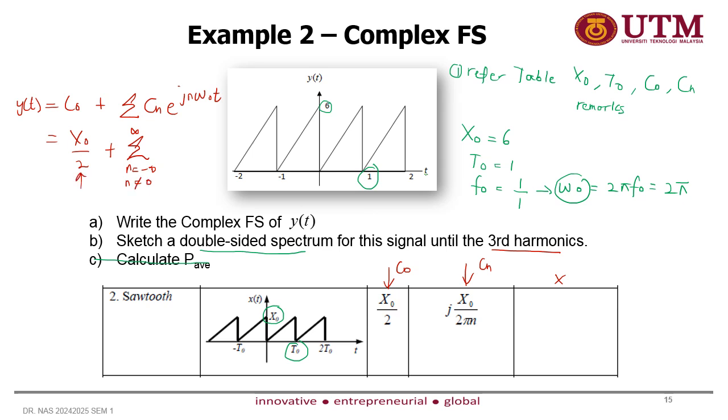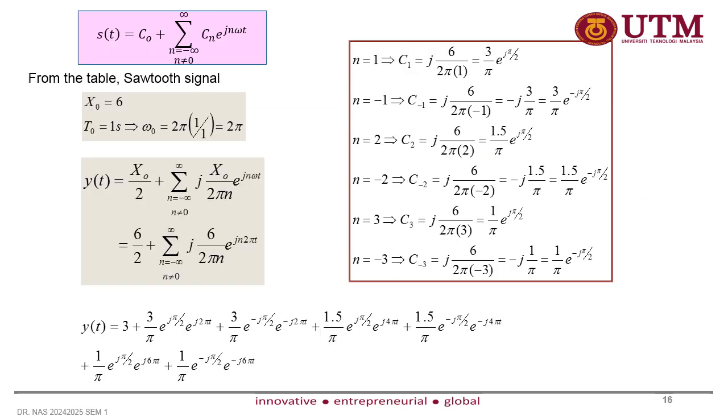So your cn is j x naught divided by 2 pi n. This is just the cn. Don't forget the rest of the function, e^(j n omega naught t). This is the general equation.